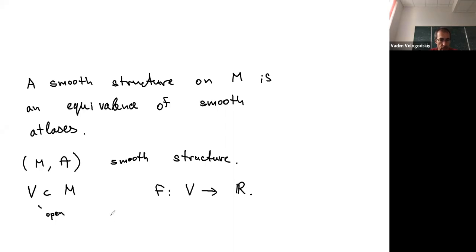We say that f is smooth if the following is true. My atlas A is again this collection Ui, phi i, where Ui is identified by these maps with some Wi in Rn.